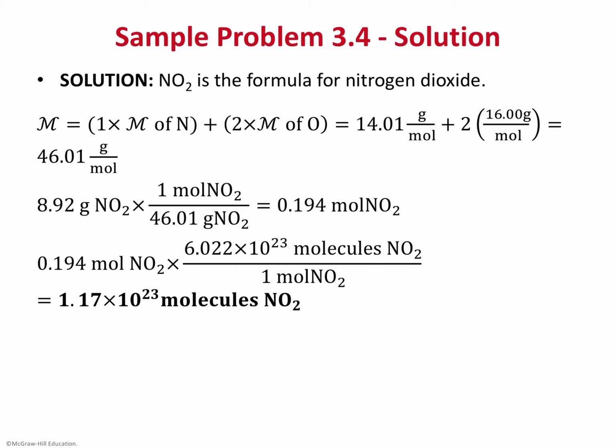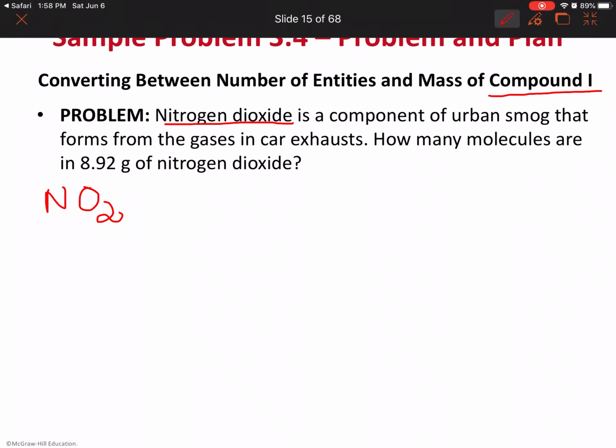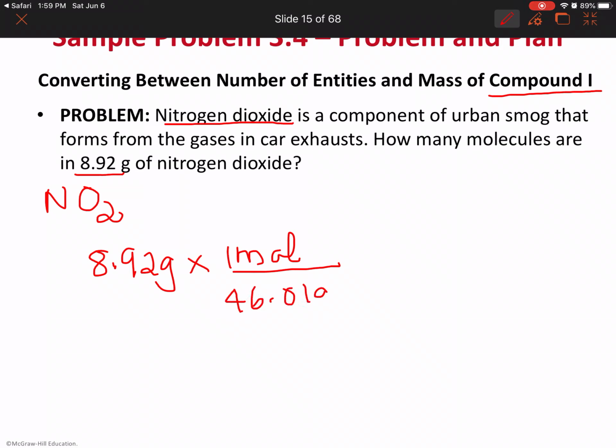Once you find that, you need to go from grams to entities, or molecules. So we start with 8.92 grams. What's given to us is 8.92 grams NO2, and we use the molar mass to turn it to number of moles. 1 mole of NO2 is the molar mass of nitrogen dioxide, which is 46.01 grams.